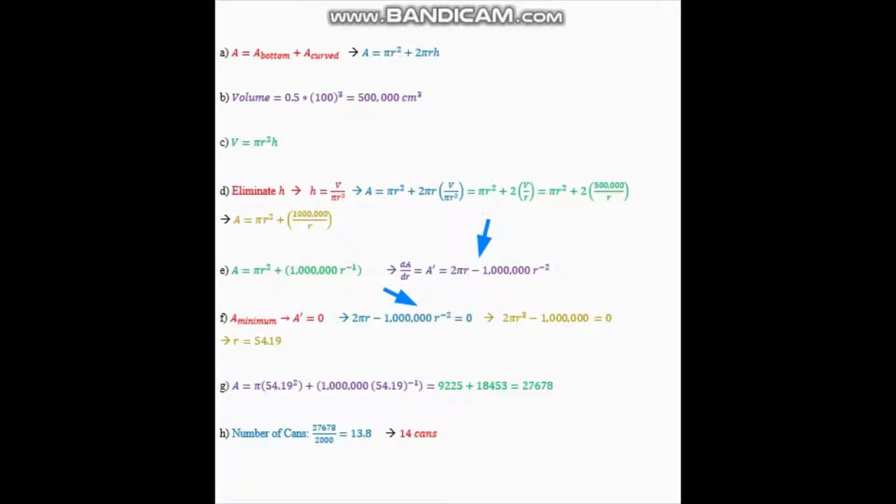I have simply modified the expression a little bit before using the equation solver. I've multiplied both terms by r squared in order to get rid of the negative exponent, obtaining this expression in gold right there. And I shall then use the GDC, as you shall see, in order to solve this equation.